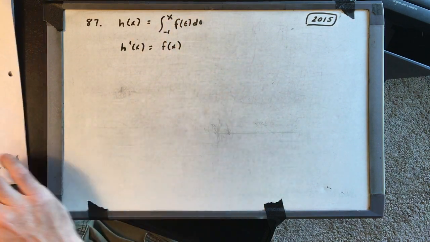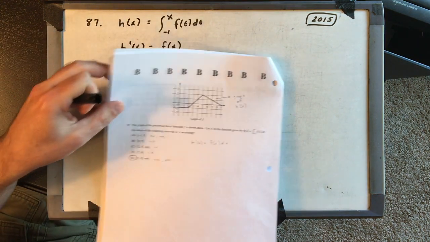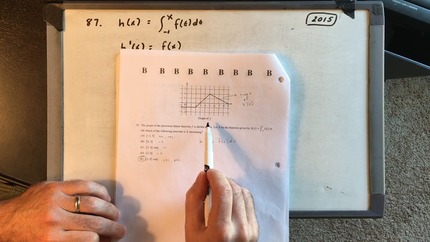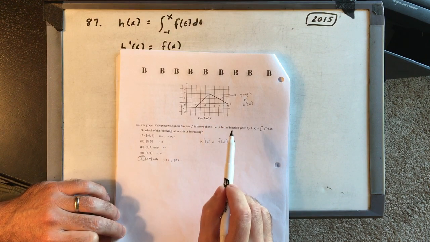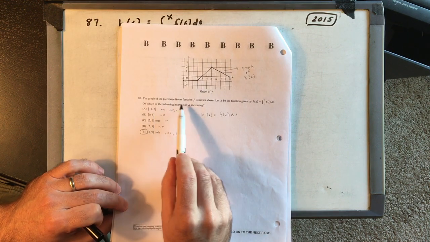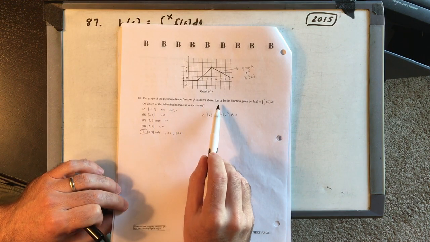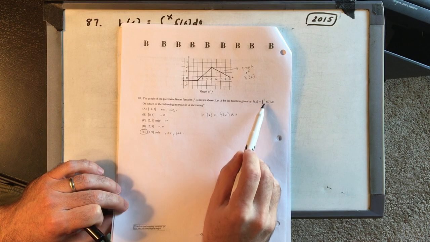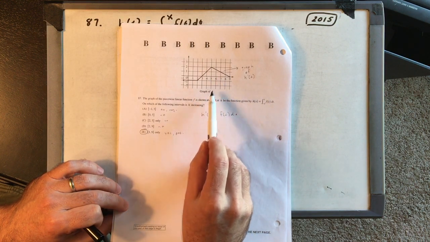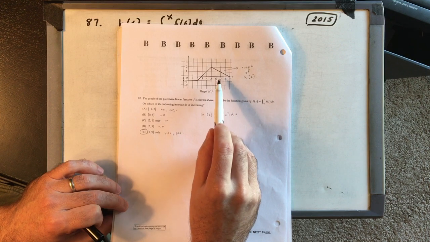So this graph is not only a graph of f, it's a graph of h prime. Number 87 says the graph of the piecewise linear function f is shown above. Let h be h of x, and we just went through that. So this is a graph of f, and it's a graph of h prime.